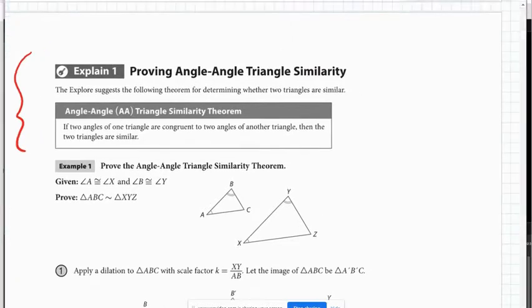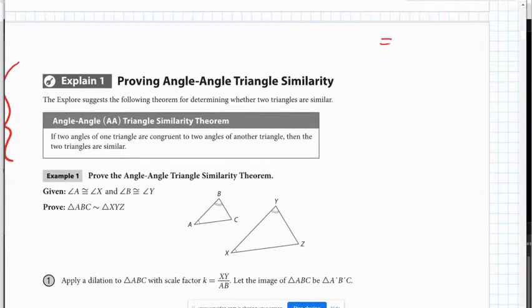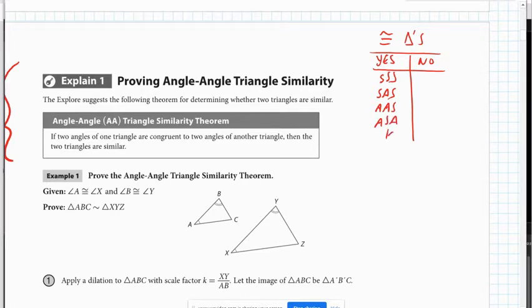So you may remember when we were proving congruent triangles, we had a list of ways to guarantee that we had congruent triangles, and so we had things like SSS, SAS, AAS, and let's see, ASA and HL.